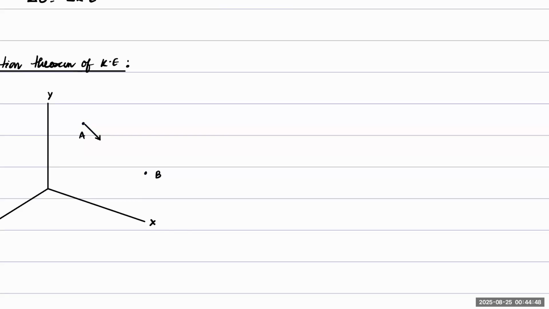So total kinetic energy will be equal to kinetic energy of the translational part plus kinetic energy of the rotational part plus kinetic energy of the vibrational part.